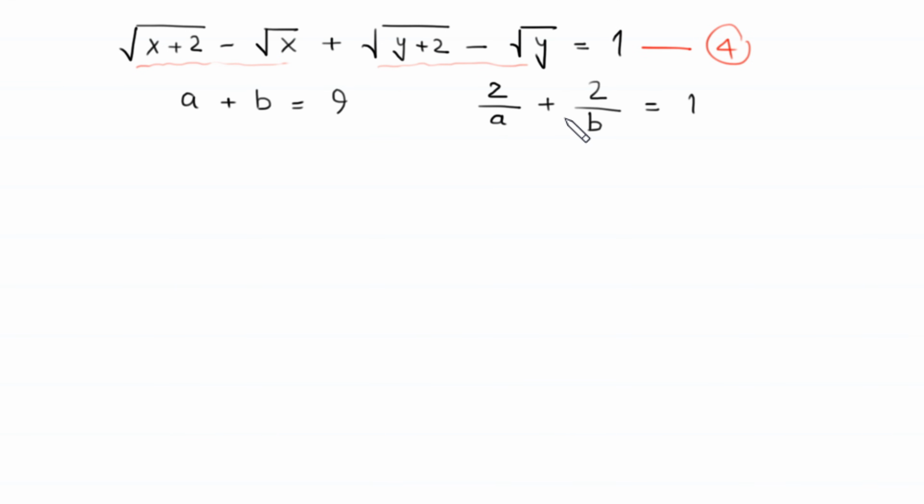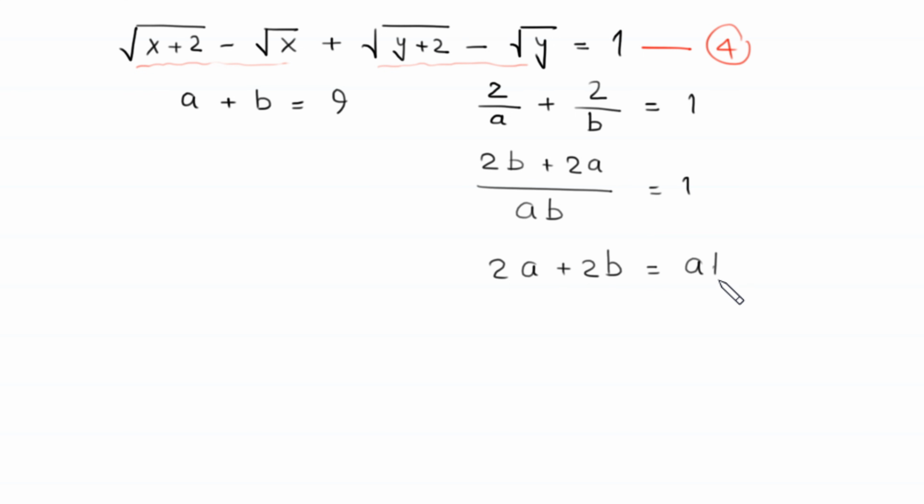We further simplify this equation. If we take the LCM of a and b, the LCM is ab. So ab divided by a is b, b times 2 becomes 2b, plus ab divided by b is a, times 2, 2a, is equal to 1. If we multiply both sides by ab, this becomes 2a + 2b = ab.